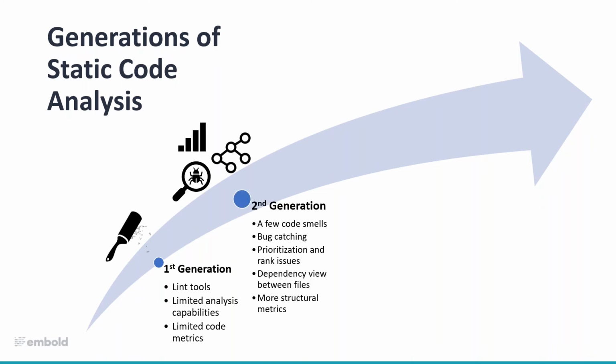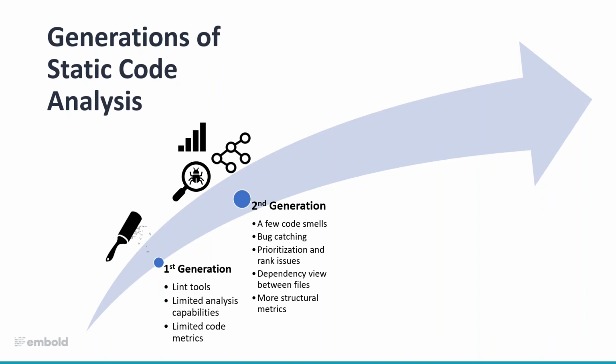And the second generation goes beyond that, with more ease of use. They are more intuitive and have more enriched information based on the UI. At the same time, they detect a lot of code smells and can also catch bugs.